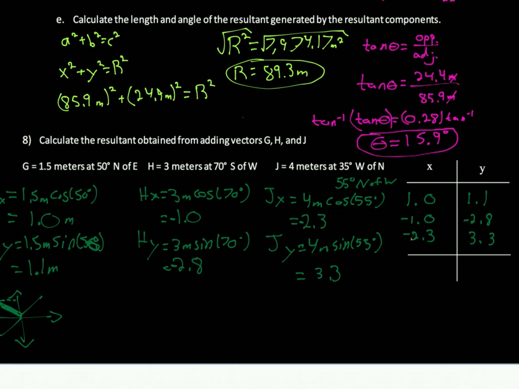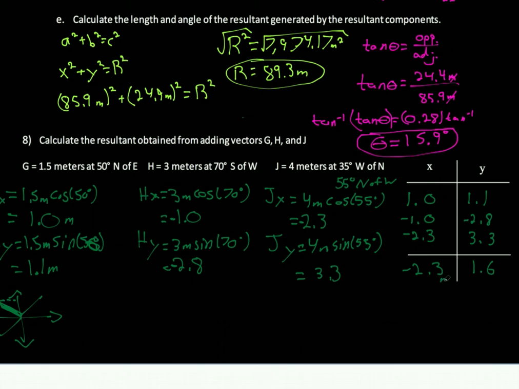So 1 minus 1 is 0, leaving negative 2.3 for the x total. For the y total, this gets me 1.8, then negative 1.7, and that gets me to 2.6, and then minus 2, so 1.6. Let me just check that. Yep, 1.6.